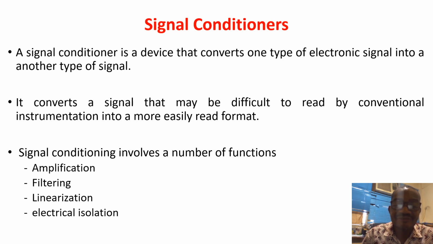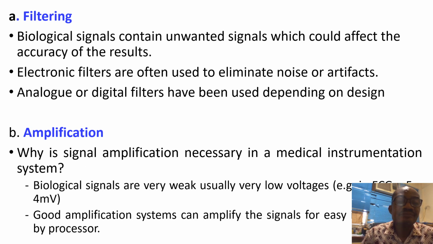Usually, signal conditioning involves a number of functions. The functions include amplification, filtering, linearization, and electrical isolation. Then we have filtering. Let's explain what filtering is. Usually, as I said earlier on, biological signals contain unwanted signals, which we call noise, which can affect the accuracy of results.